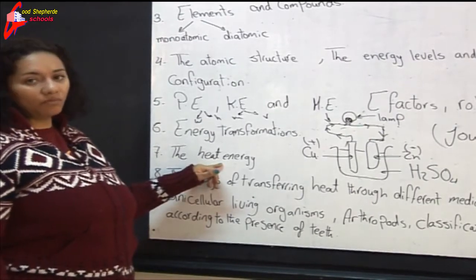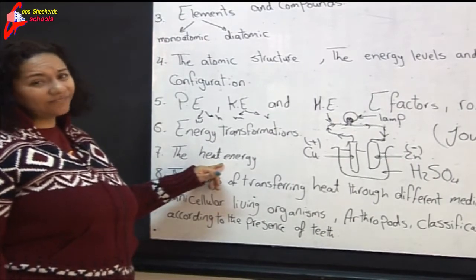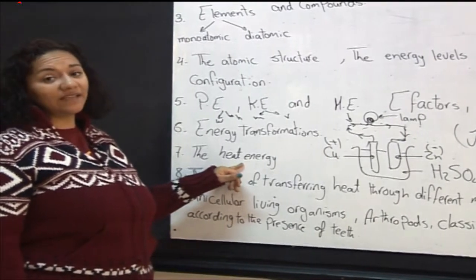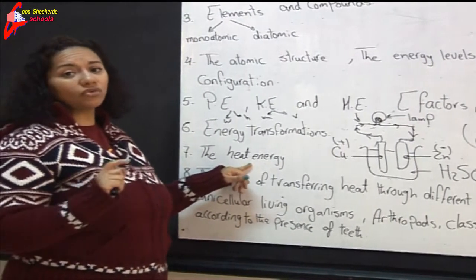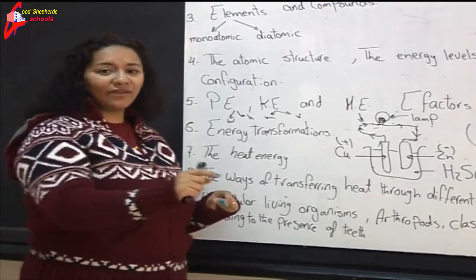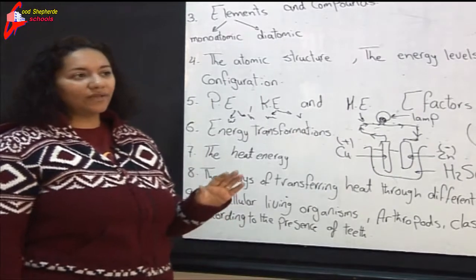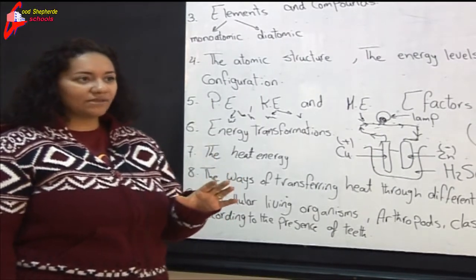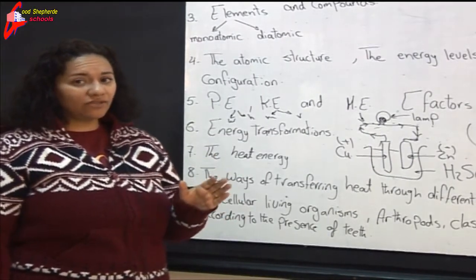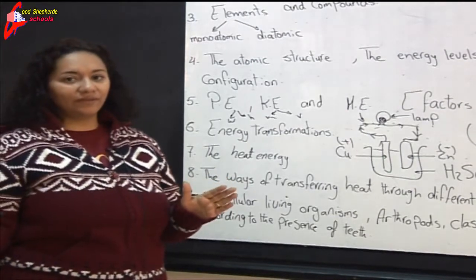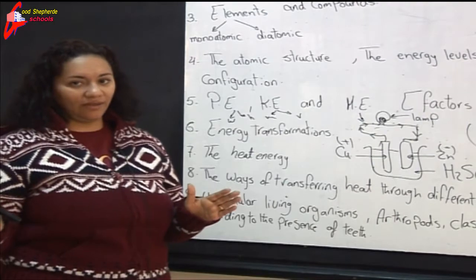And we must know what temperature is. Temperature is an indicator, and this indicator helps us to know the direction of transferring heat from the object or to the object. So when I know that its temperature is, for example, 100, the heat will transfer from it to the surroundings or to the touched object.